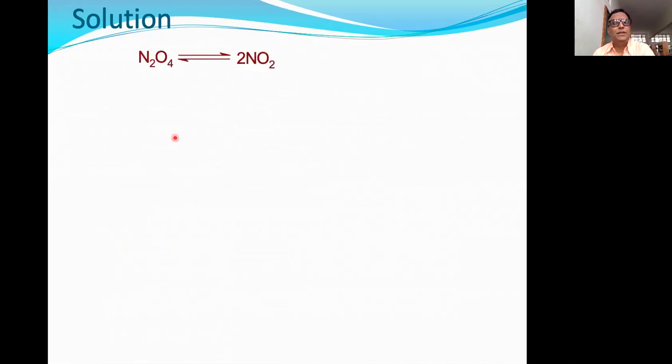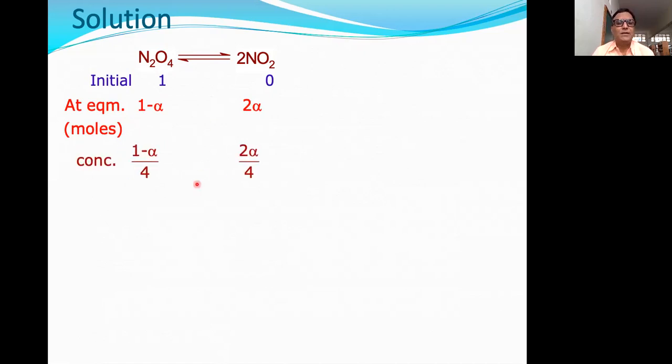We have been given the reaction N2O4 gives 2NO2. Initially, suppose the reactant is 1 mole. There will be no product initially. After some time at equilibrium, the number of moles we can write as, for reactant, 1 minus alpha, and for product, 2 alpha. And you can write the concentrations at equilibrium as 1 minus alpha upon 4 and 2 alpha upon 4.